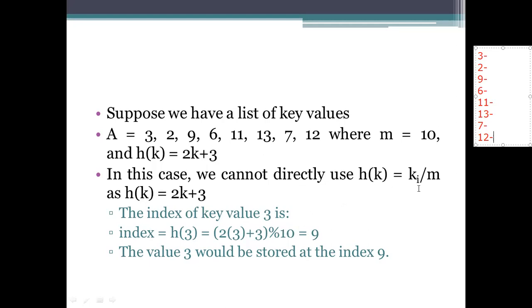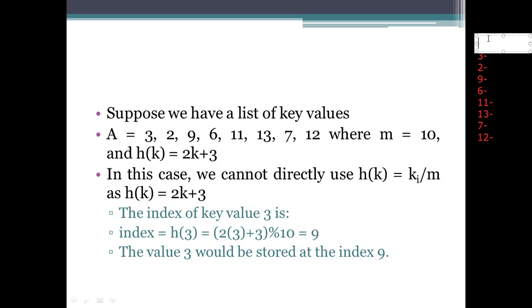Now see what values of k, i, and m we need to consider for the modulus. The first value here is 3. We need to calculate where to store this element 3 as an index. Let me mention it as a key, and this is the index.